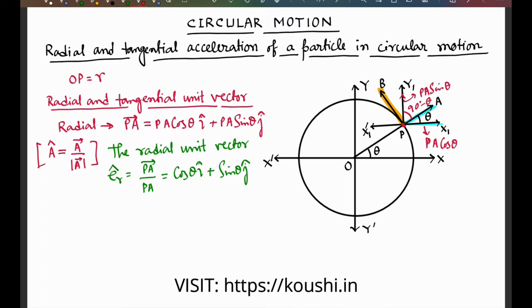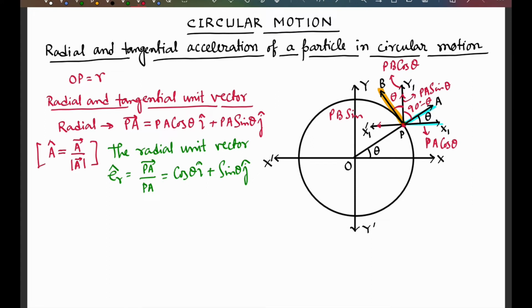Therefore, the angle between PB with y1 is also theta. If we resolve PB along y-axis and x-axis, then in y-axis the component is PB cos theta, and in x-axis the component is PB sin theta.